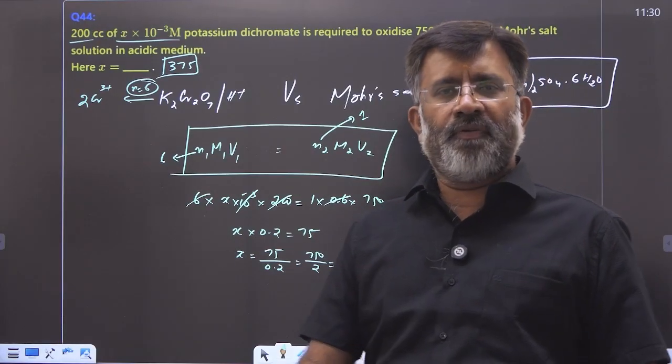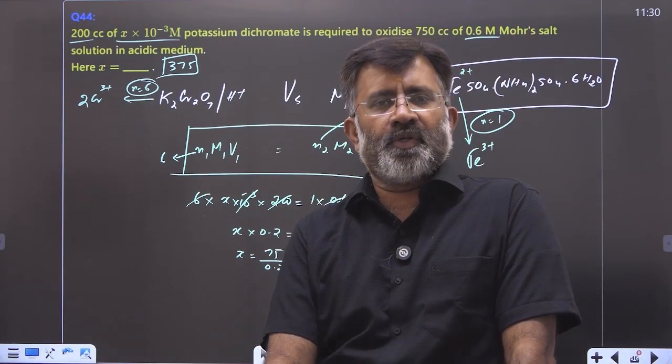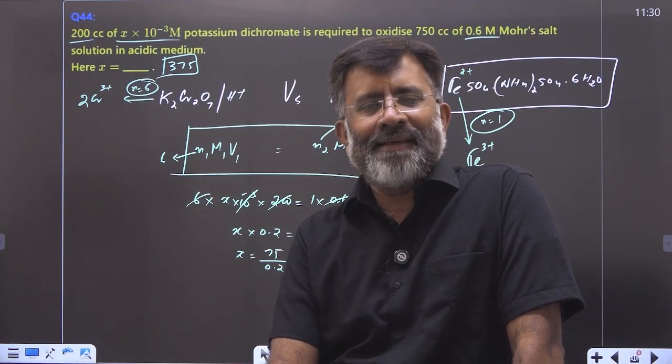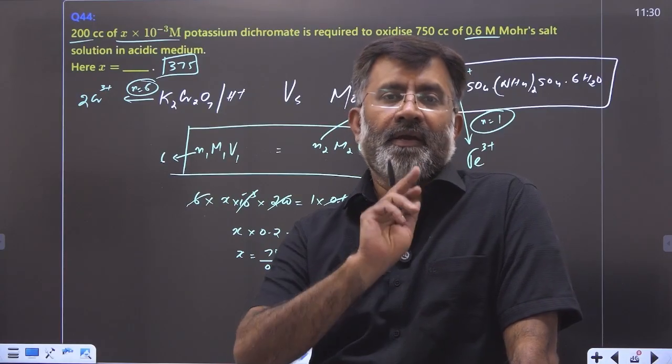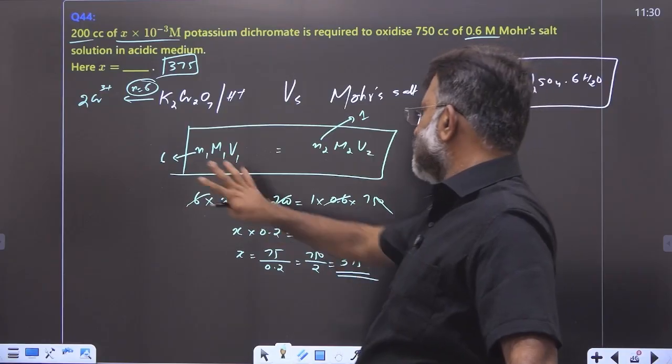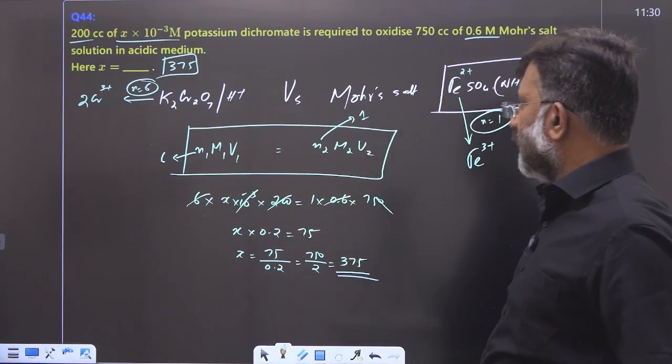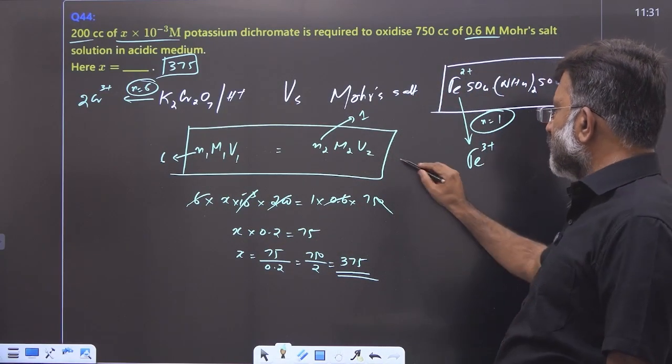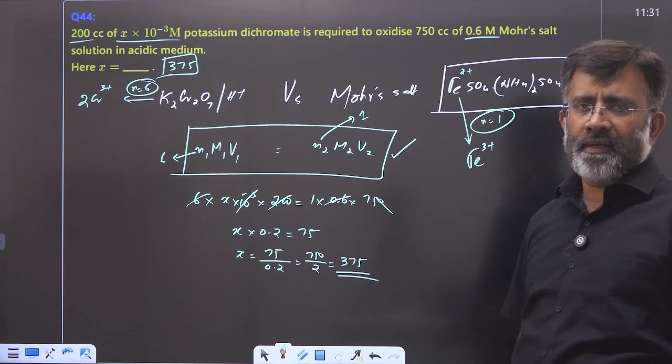Ferrous ammonium sulfate, that is Mohr salt. The active species undergoing oxidation is ferrous. Ferrous changes to ferric, so the other N factor is 1. So just substitute and find out the answer. And this is a formula we were making use of quite frequently.